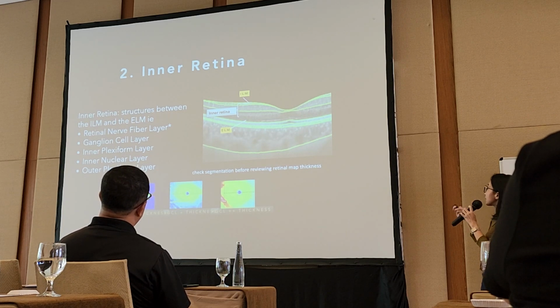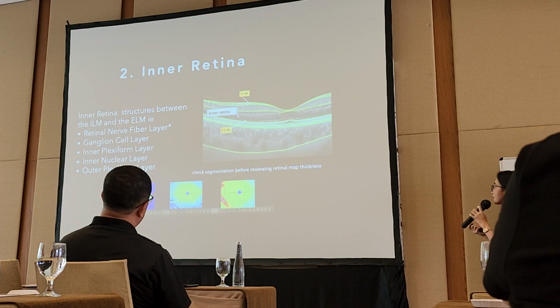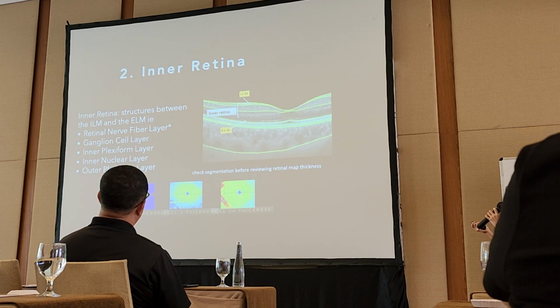And now we see the inner retina. Inner retina, by definition, is the structures between the ILM and the external limiting membrane, which is the retinal nerve fiber layer here, ganglion cell layer, inner plexiform, inner nuclear layer, until outer plexiform layer.